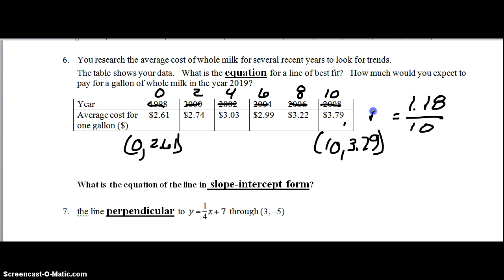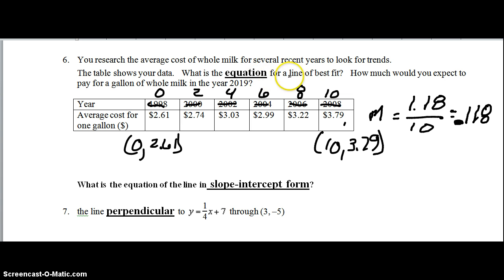That was our slope. And then we said that simplifies to 0.118, which means that every 2 years the milk price goes up 11.8 cents, or almost 12 cents. That's our slope. Now let's go ahead and write a function.